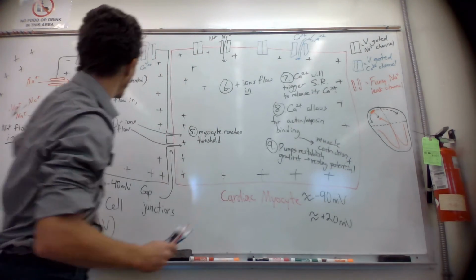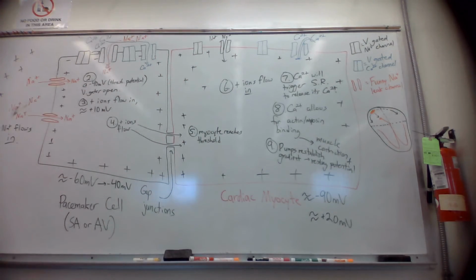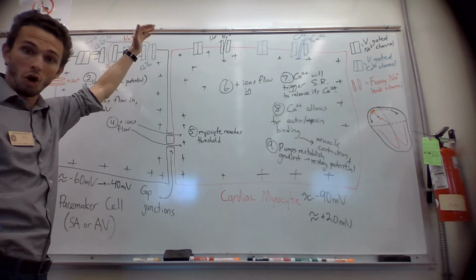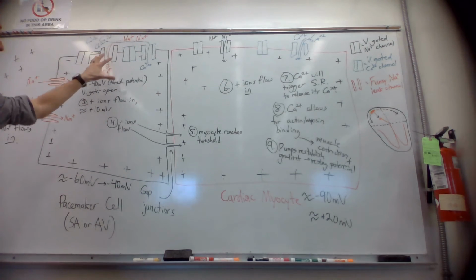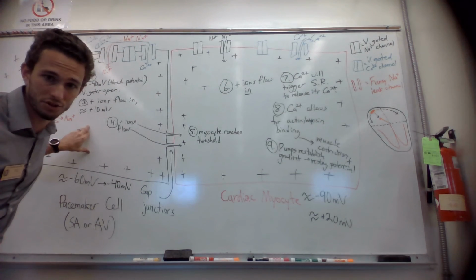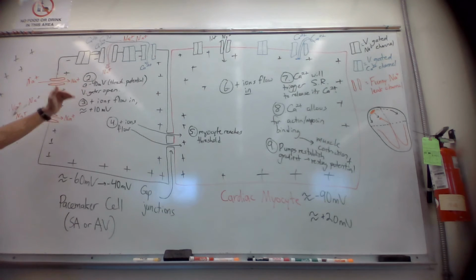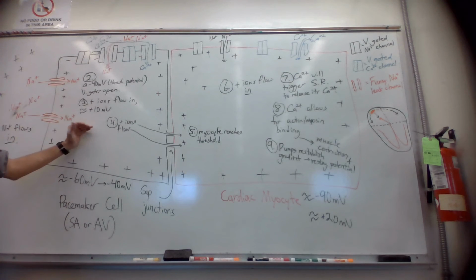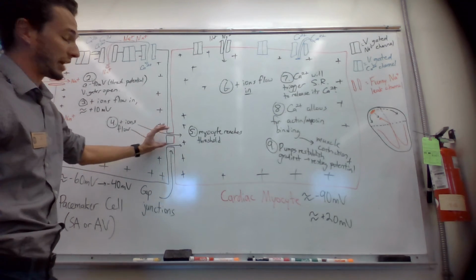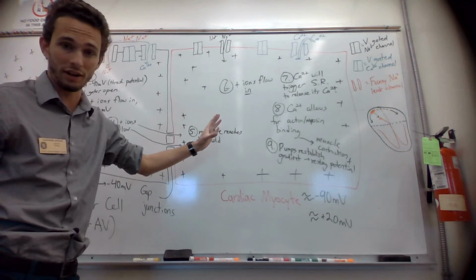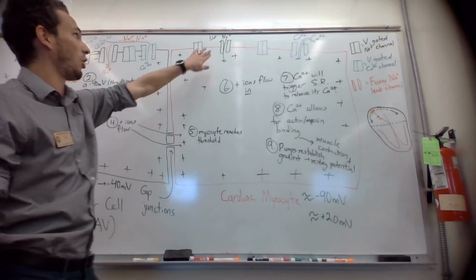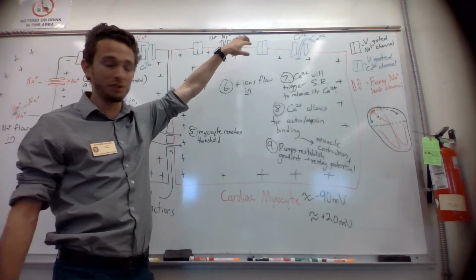But just know this whole process: funny channels are always open, sodium flows in, allowing voltage-gated ion channels to open up, and positive ions flow into the pacemaker cell first. Then, once it flows in, some of those positive ions will flow through gap junctions, going to the cardiac myocytes, allowing them to open their voltage-gated ion channels.